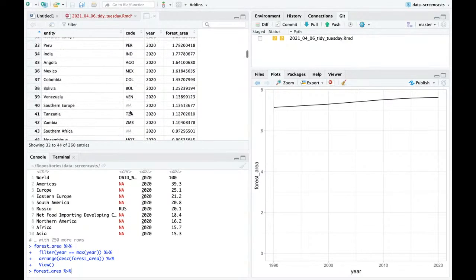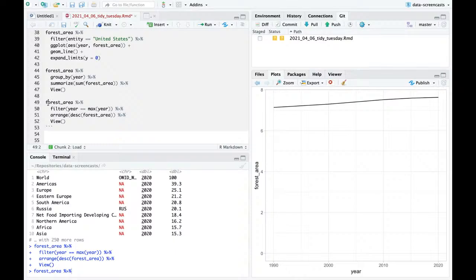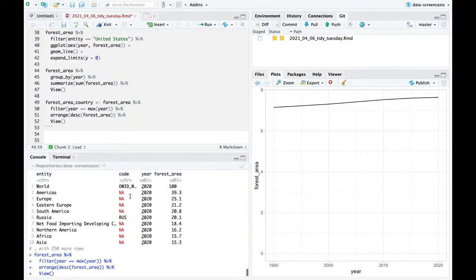I could be missing something, but that's helpful in terms of how I'm going to want to work with this. I can start by saying forest area country, and filter if string length of code is 3.